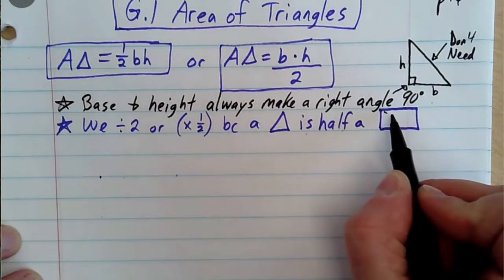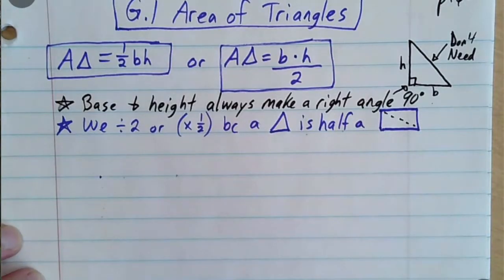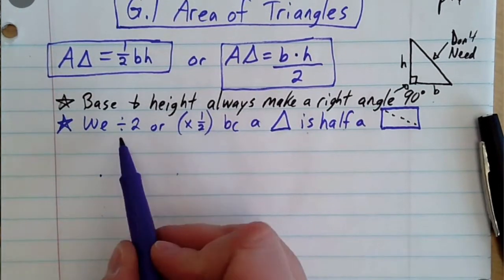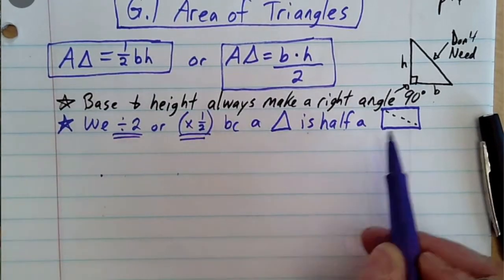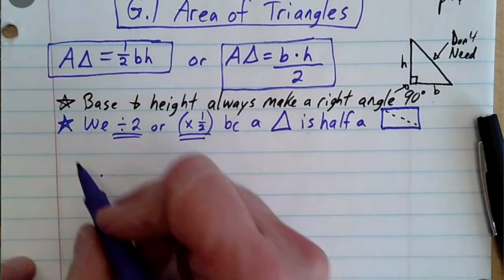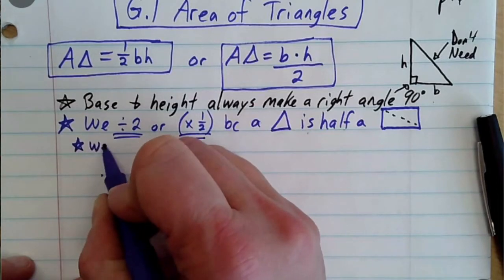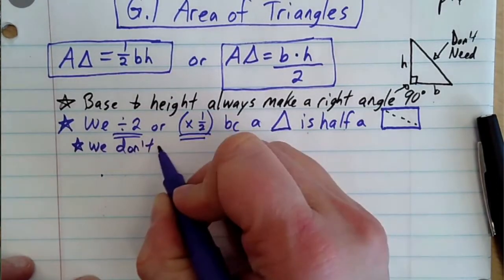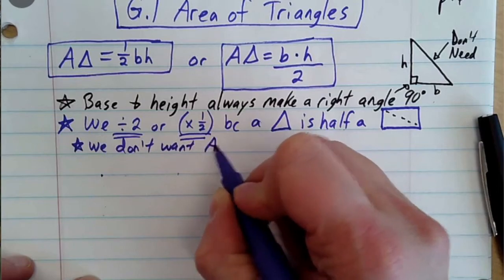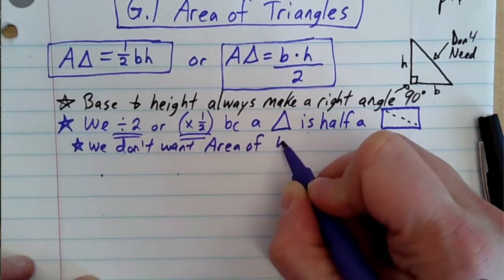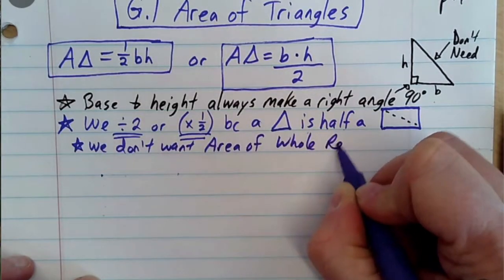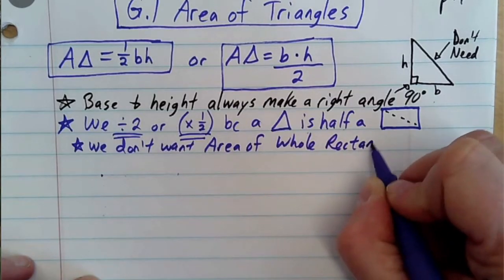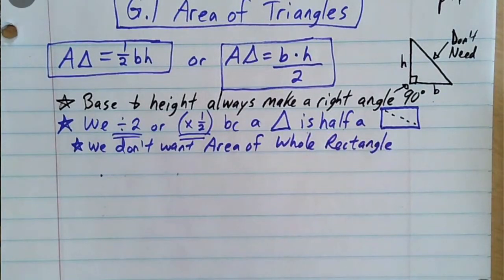If I were to make the little lines here, you can see where the triangle would be half of a rectangle. The reason why you have to divide by 2 or multiply by 1/2 is because you only want the area of half of this. Another star here. We don't want the area of the whole rectangle, just the half.